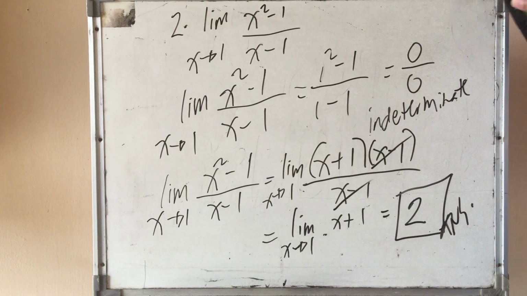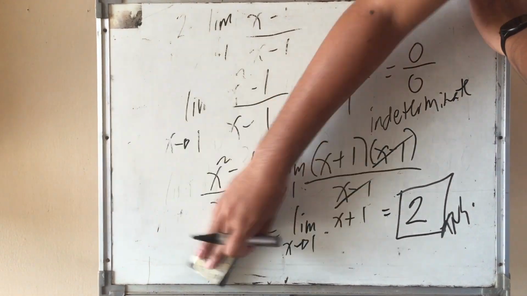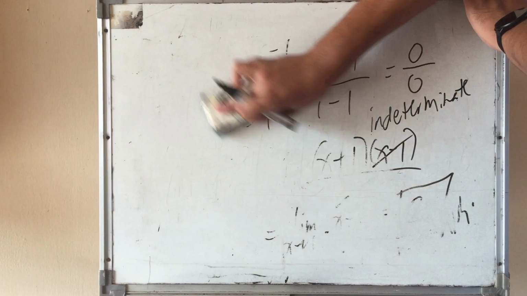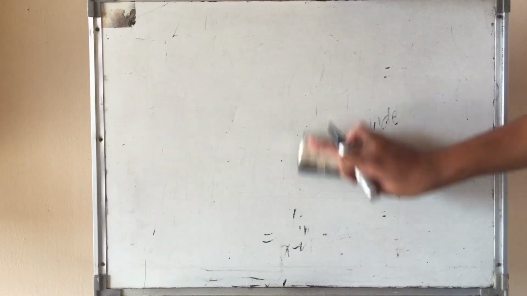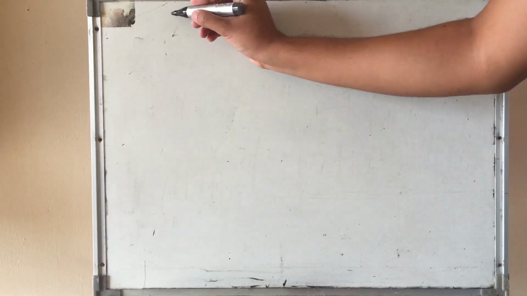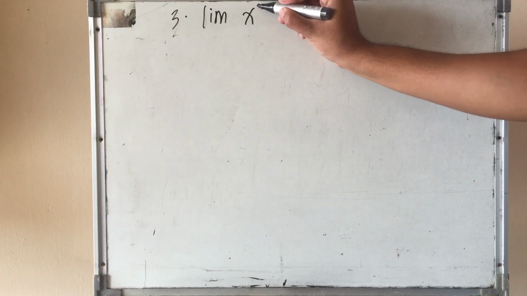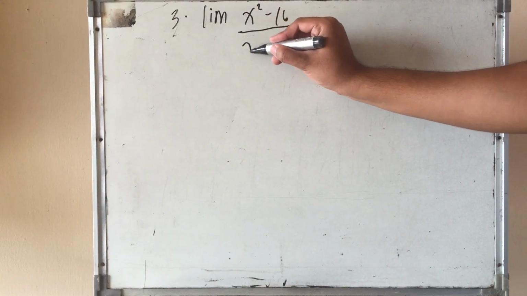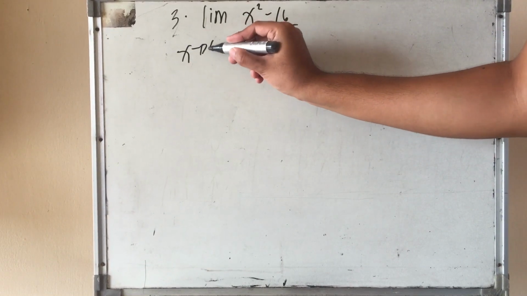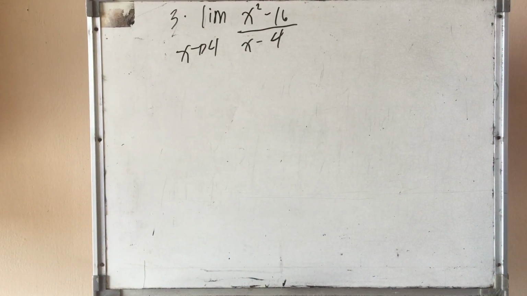Example number 3. Find the limit of x squared minus 16 over x minus 4 as x approaches 4.